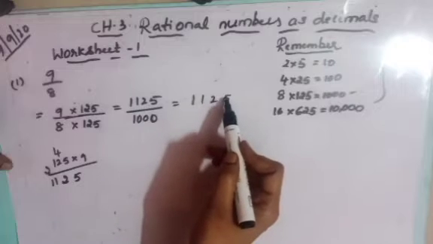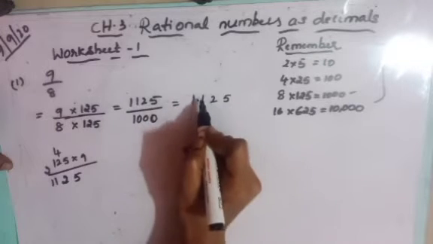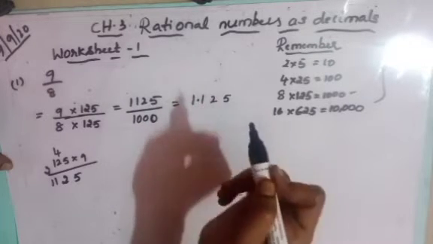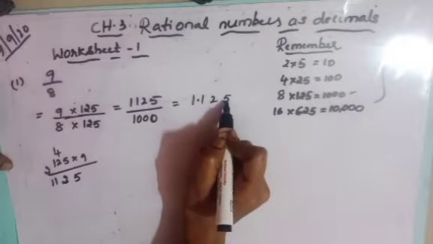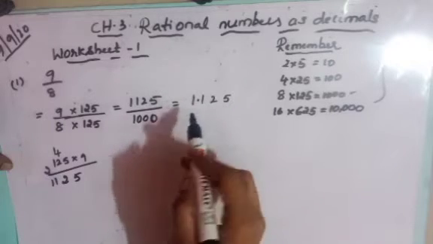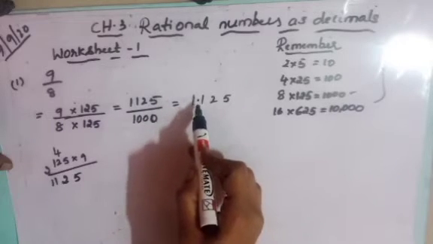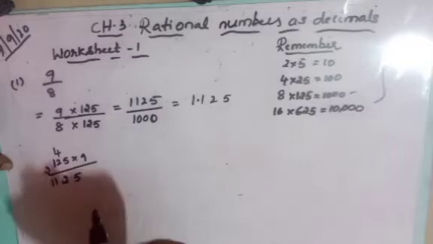So 1 2 3, so no need of taking the zeros. So keep the point there. The numbers after the point are read as tenths, hundredths, thousandths. So now it is easy to convert into the decimal form, that is 1.125. So in this way we had to convert.